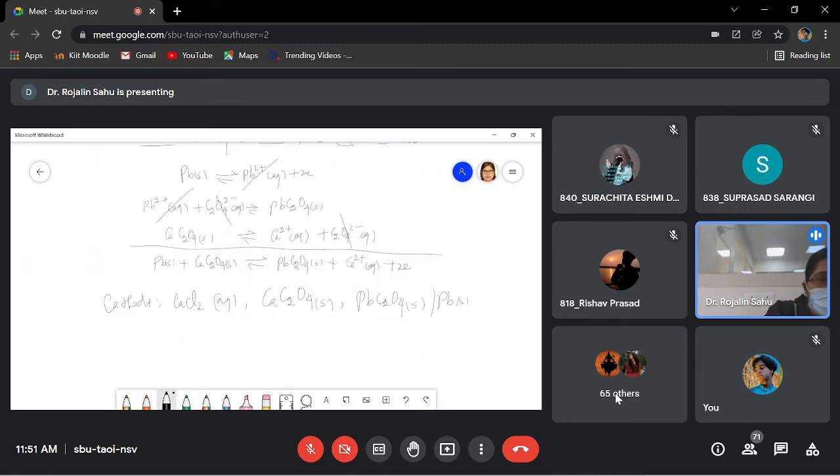So the reaction at cathode is just this part: first you will write PbC2O4 solid plus calcium 2+ aqueous plus 2 electrons.